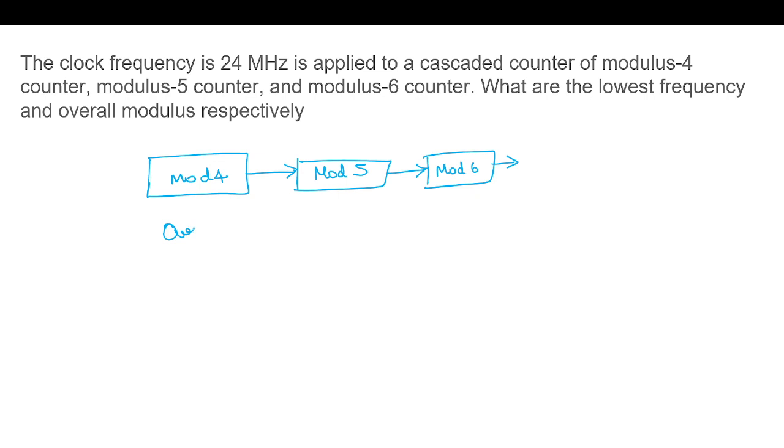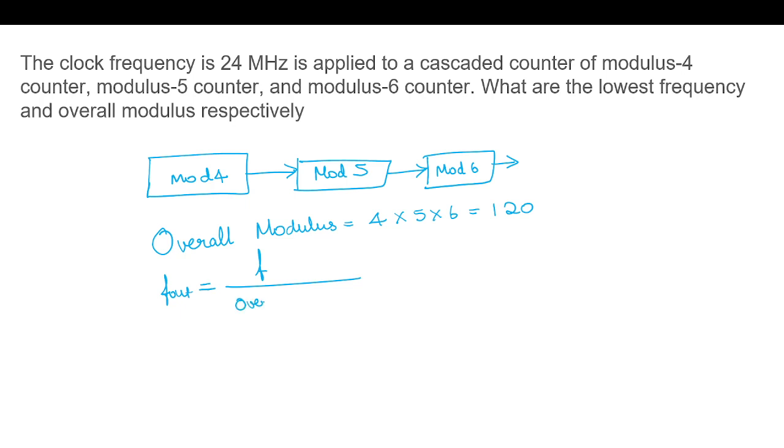So the overall modulus of the counter is 4 into 5 into 6, which is 120. And the F out frequency is F divided by the overall modulus, which is 24 mega divided by 120. And this is 0.2 mega, which is 200 kilohertz.